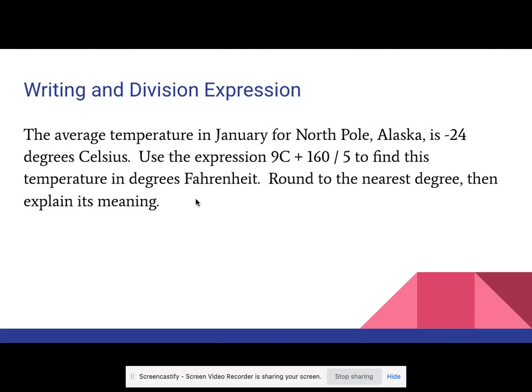And then the last part here, writing a division expression. The average temperature in January for North Pole, Alaska is negative 24 degrees Celsius. Use the expression 9C plus 160, all divided by 5, to find this temperature in degrees Fahrenheit. Round to the nearest degree, then explain its meaning.